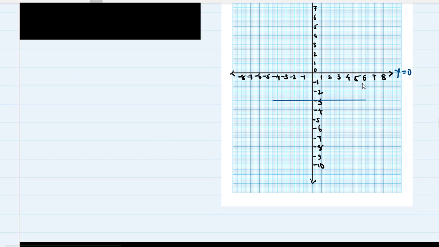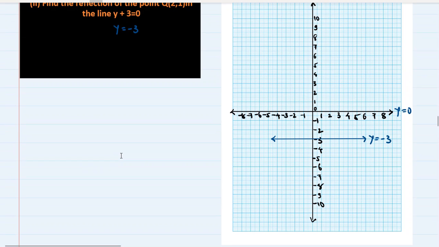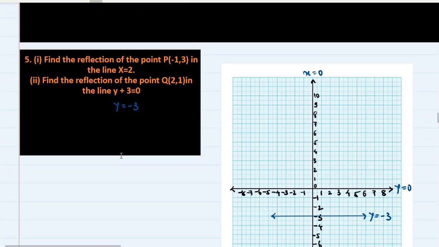Okay, so this is my line, y = -3, which is parallel to the x-axis, 3 units below the origin, passing through -3 on the y-axis.